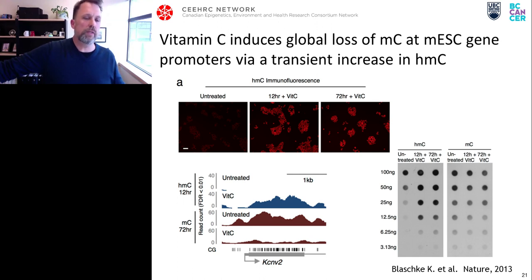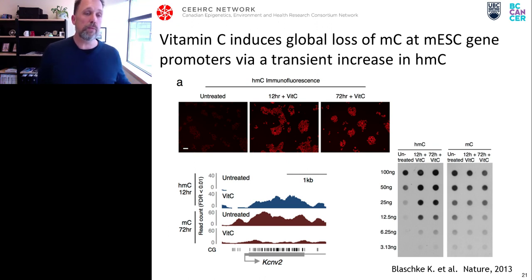What we can see is that there's a dynamic response to the addition of vitamin C. Starting in the untreated state at the top, you can see hydroxymethylation in the blue track, and after 12 hours you get a gain in hydroxymethylation. Then in the maroon tracks underneath, you can see that in the untreated state this gene is heavily methylated. The CGs are shown at the very bottom, the black slashes. But after 72 hours the gene becomes unmethylated.